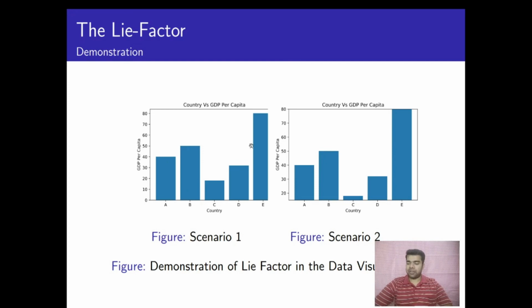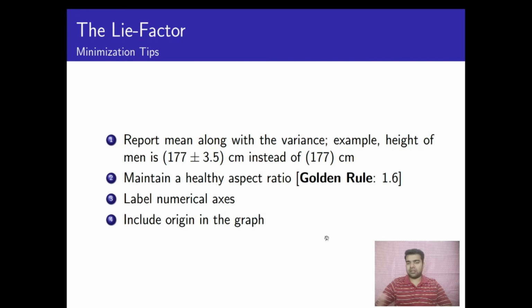On the other hand, in scenario 2, the y-axis does not start with 0, right? So there is some misrepresentation in scenario 2. Scenario 2 gives us an enhanced value of lie factor, and it is not representing the facts as contained in the data, right?